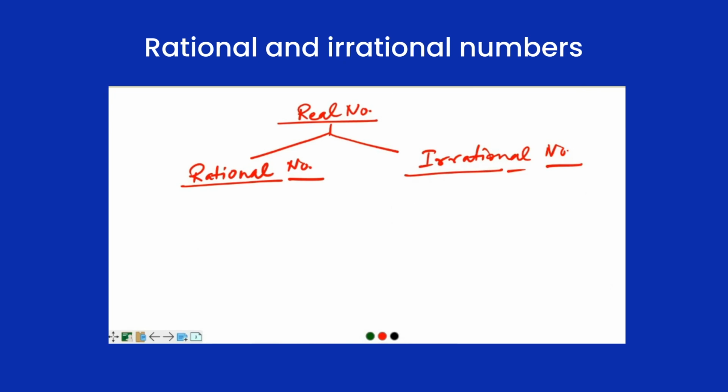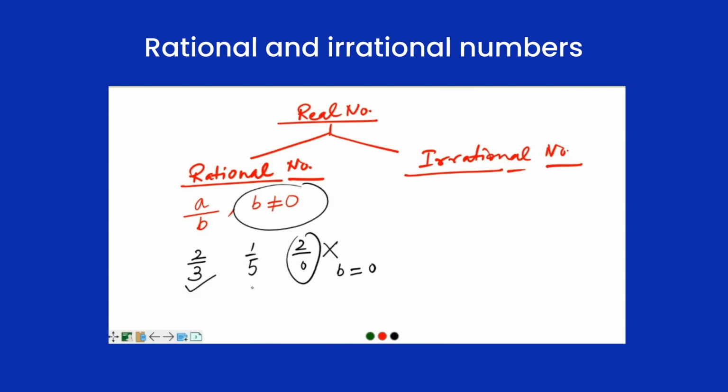All the rational numbers can be represented as a over b, where b cannot be equal to 0. Like 2 by 3, 1 by 5. What about 2 by 0? Would it be rational? No, it won't be rational, because here b is equal to 0, but the condition for a number to be rational is that b cannot be equal to 0.